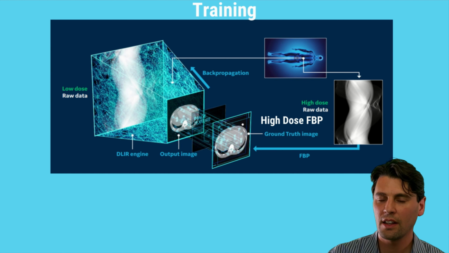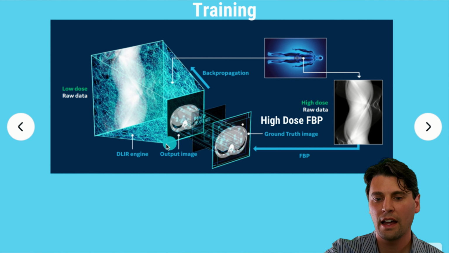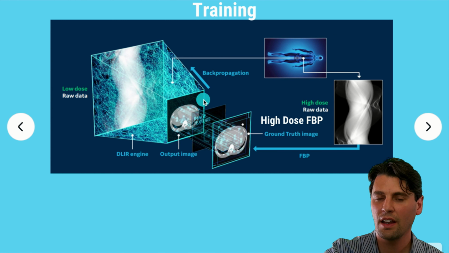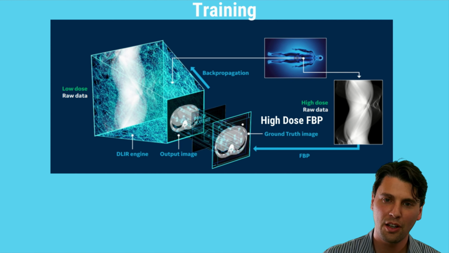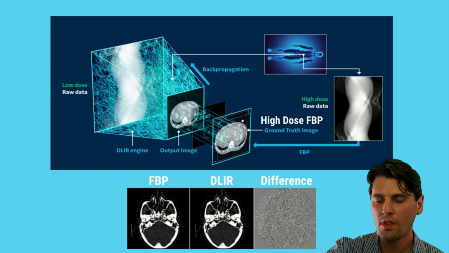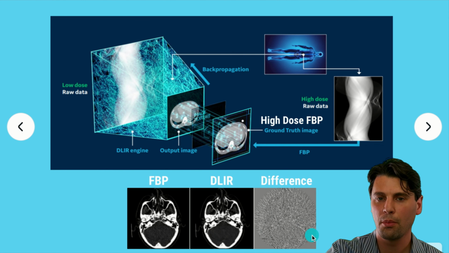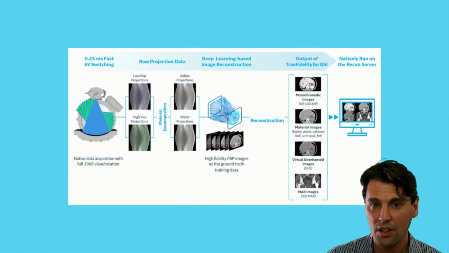We performed what you can think of as noise insertion into the data, and then we had an output image coming through our network, wherein we'd compare that output image to the ground truth image, and the goal would be to teach the network to achieve a lower noise image matching the filtered backprojection ground truth. The desire, again, is to have a network whose noise difference images don't contain a lot of structure, but more noise content.